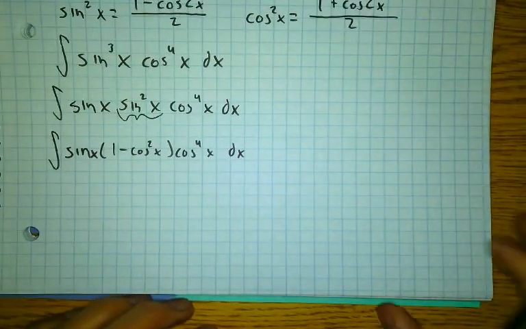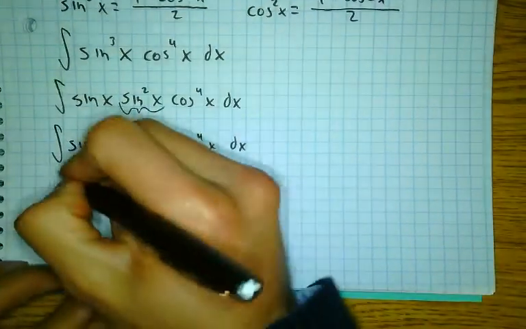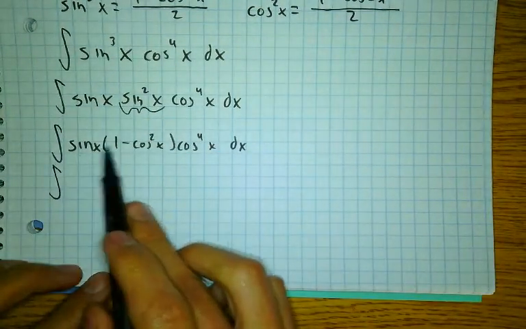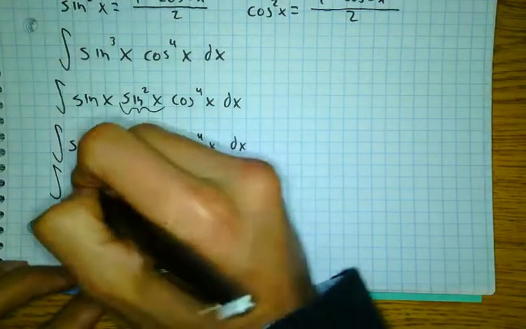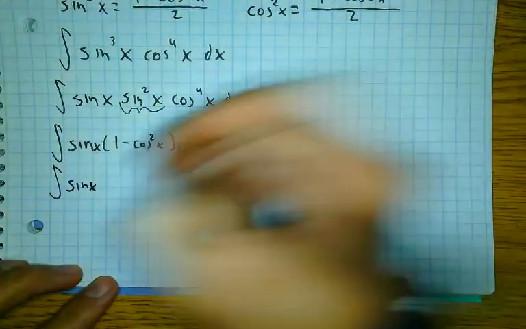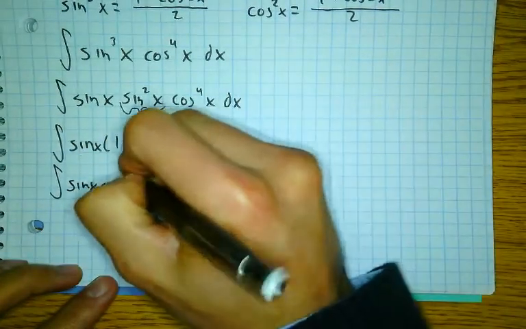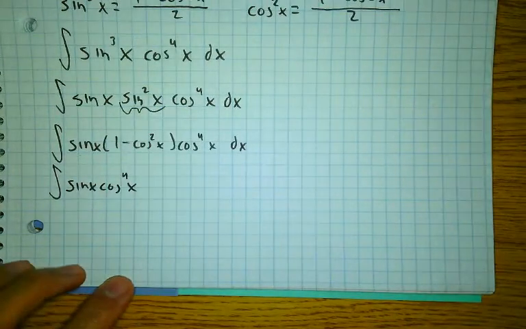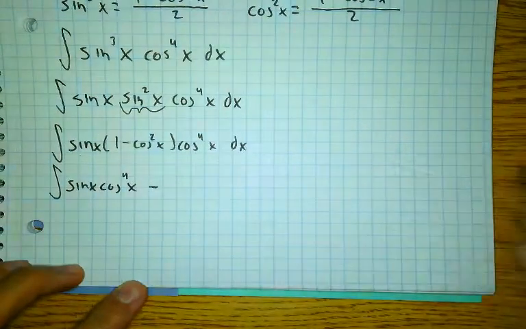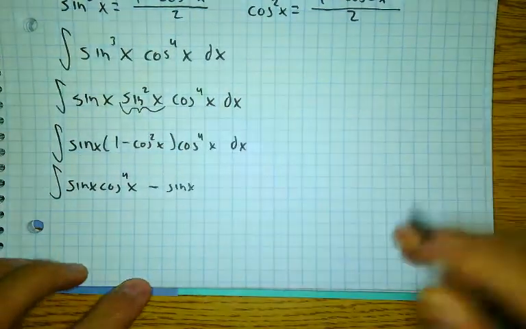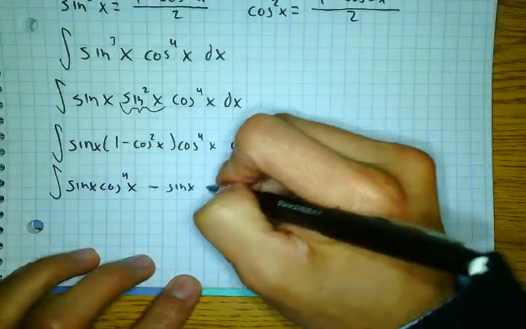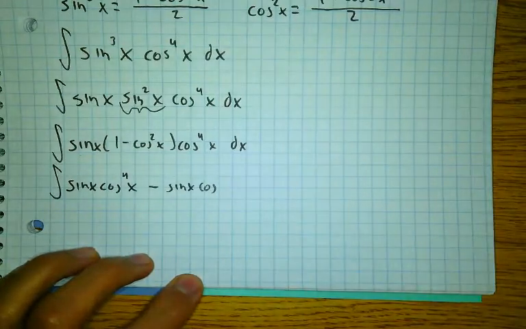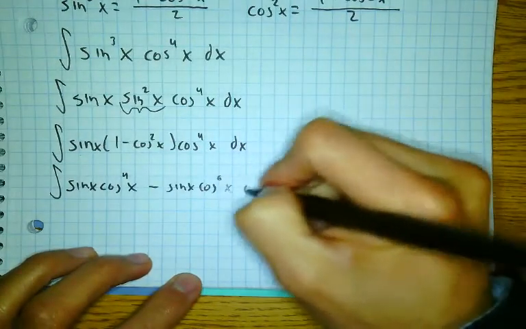So now it's just algebra. So we've got the integral of what? That times that gives you sine x cosine to the fourth power of x, and then that times that gives you minus sine x cosine to the power of 6 x dx.